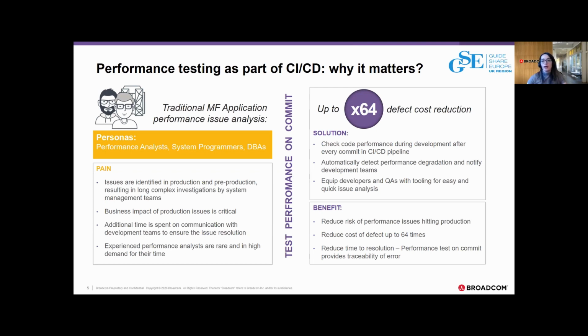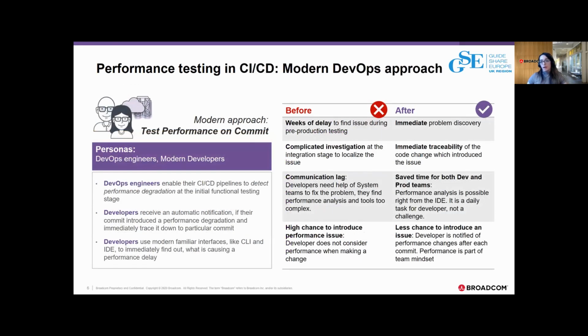So development teams now have a chance to deal with some of these issues themselves at development time. According to this approach, the personas involved in performance analysis and issue detection are DevOps engineers and DevOps architects, and also modern developers and QAs who would test and change the code and deal with the issues that were found.